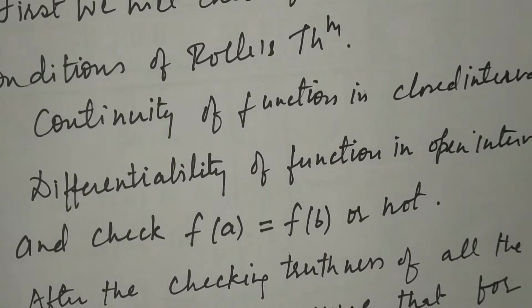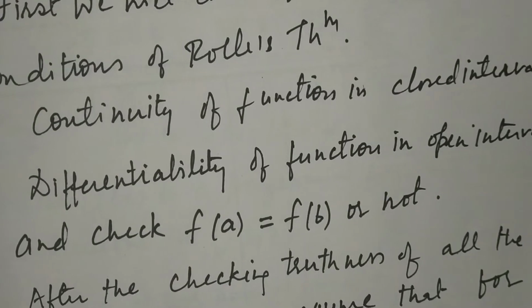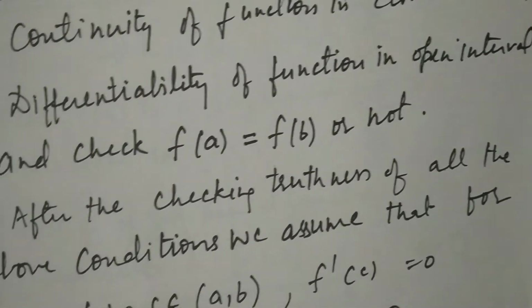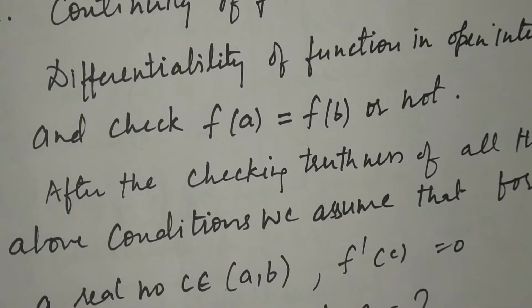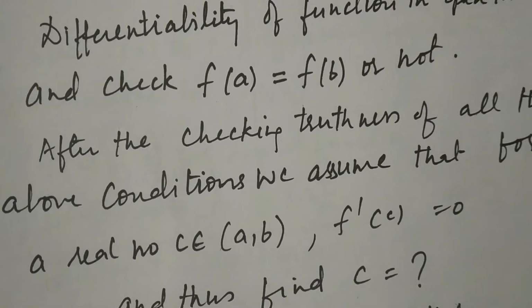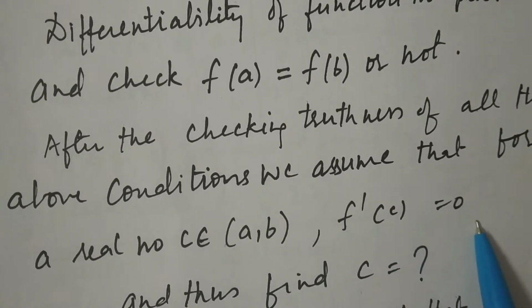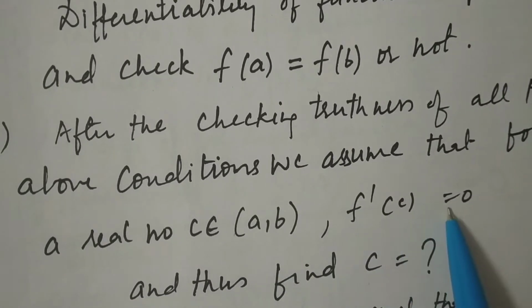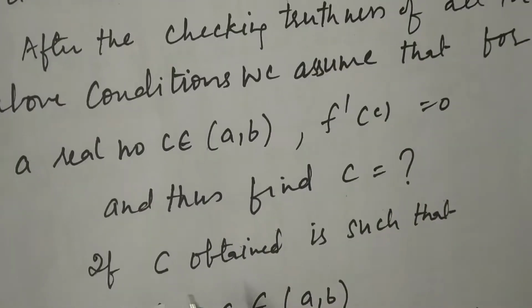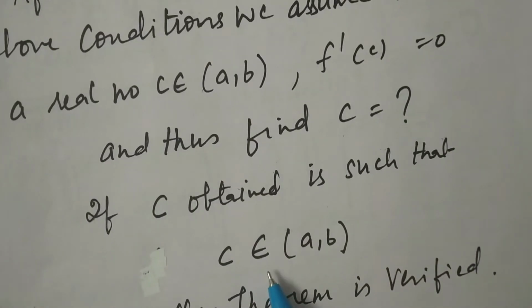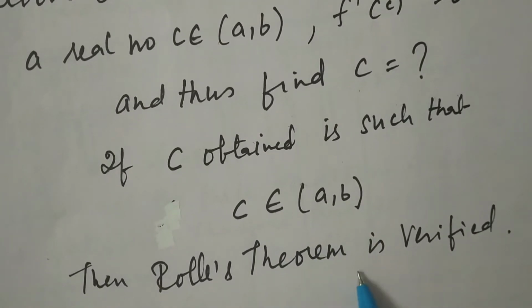If both are equal, only then do we proceed with the verification. After checking that all 3 conditions are true, we assume that there exists a real number c lying in the open interval (a, b) such that f'(c) equals 0, and using this we find the value of c. If the c obtained lies inside the interval (a, b), then we say that Rolle's theorem is verified for this particular question.